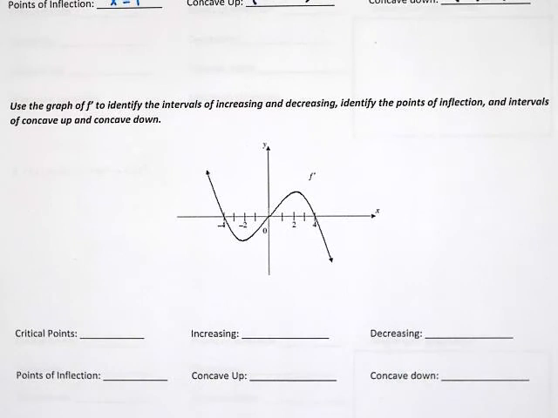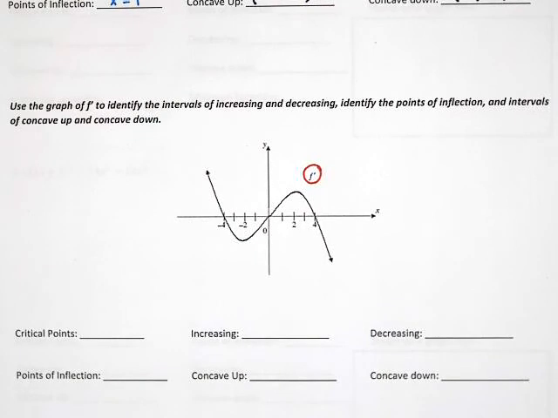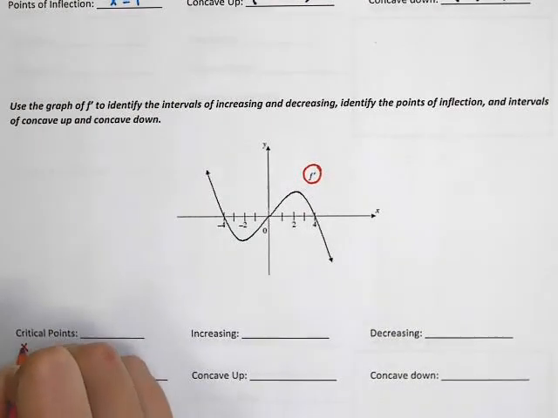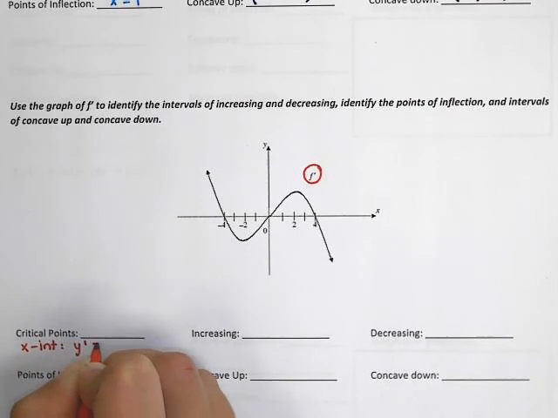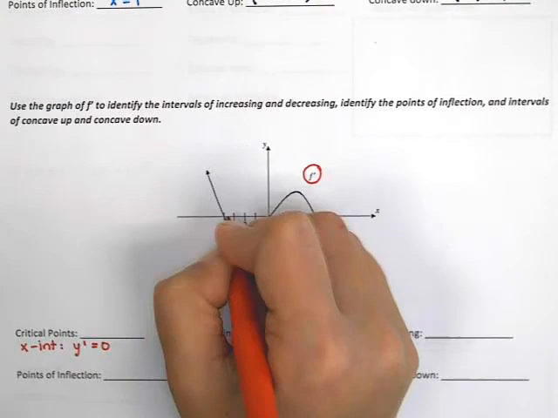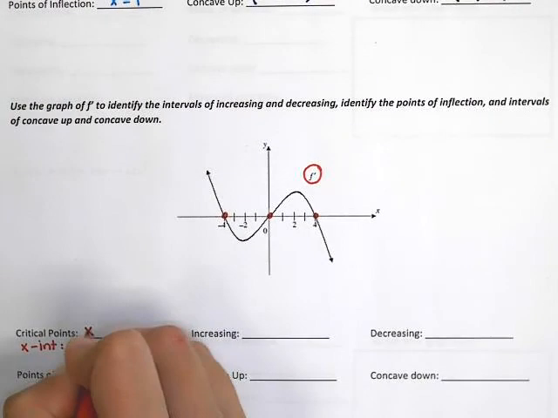Okay. And lastly, if I give you the graph of f prime, so this is the graph of the derivative already, and I say identify where the critical points are. We said that critical points were the same thing as x-intercepts, because those are the places where the derivative equals 0. So that would be at negative 4, 0, and 4.